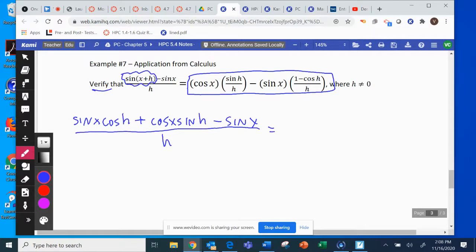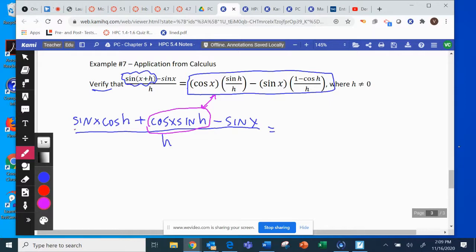So now I'm looking at the right side and I see a cosine x with a sine h. So looking down at my first step, I see a cosine x with a sine h here. You see how these terms kind of match each other? I just haven't divided by h yet.